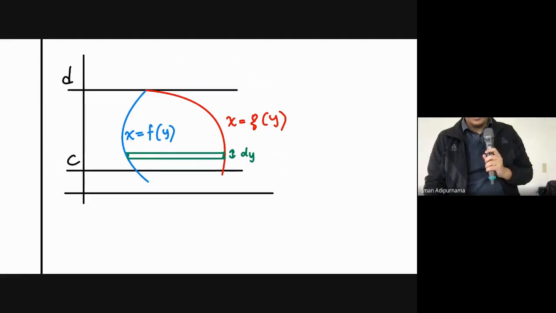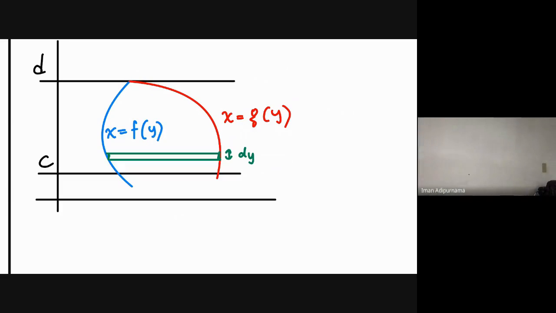Okay, so whenever you have this kind of situation and you want to calculate with dy, if you have, for example, functions like y equals x squared, x cubed, something like that, you need to rewrite the functions and change them into y. So if you have y equal x squared, then x should be equal to the square root of y, and use the square root of y instead of x.